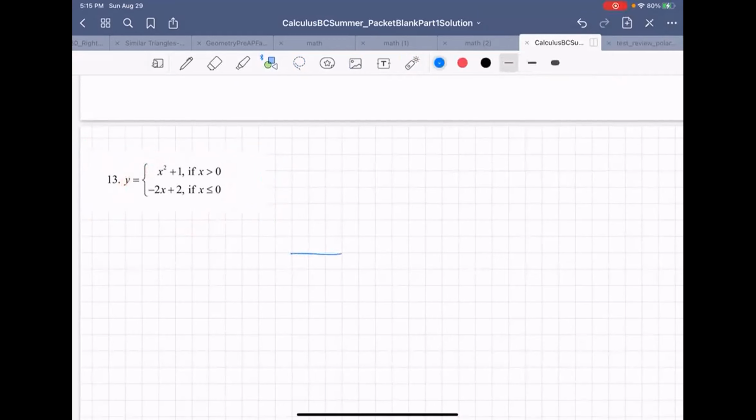So given this piecewise function, if x is positive, we draw on this side. What is the vertex for this function? 0, 1. Very good.